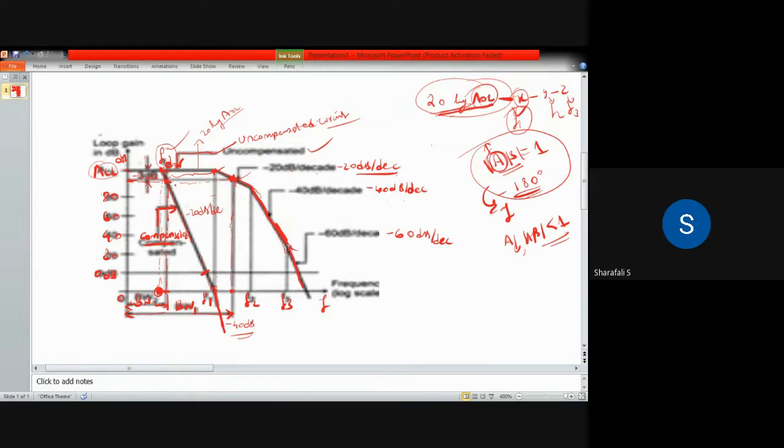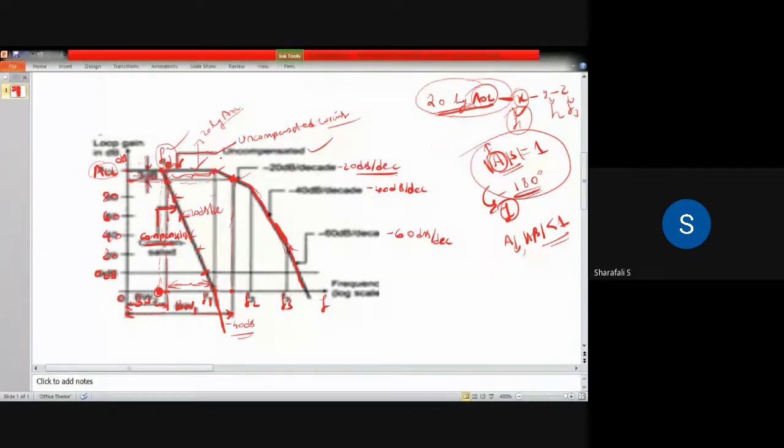If, for example, this frequency happens to be in the range between FD and F1, and you want to reduce the gain, then we can have a lower gain at these points between FD and F1. But that is not the case with the uncompensated network, because you have a constant gain in that region.